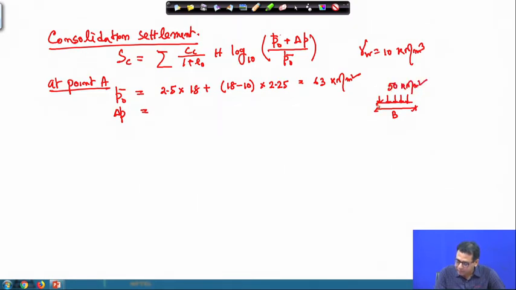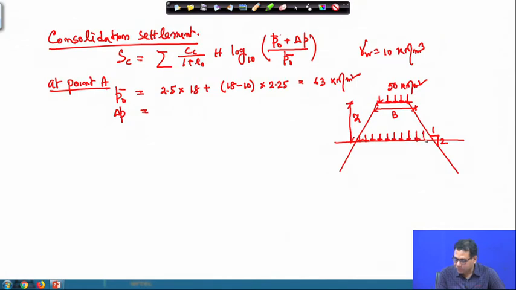Here I am assuming the load is distributing like this, with a 1:2 distribution. So, at any height Z, what will be the stress at that point?